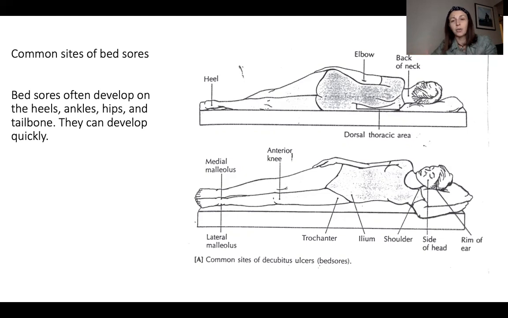So it can go either way, but being thinner and having less adipose tissue between bony prominences and surface area is also going to affect this.